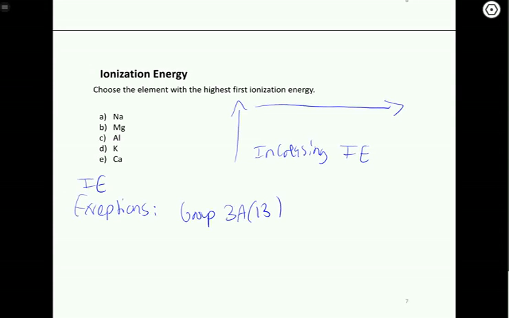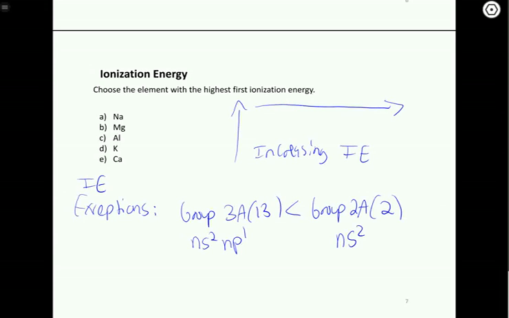Those are typically going to have smaller ionization energies than group 2A, which would also be considered group 2 of the numbering system. So group 3A is to the right of group 2A, but it has a smaller ionization energy because these are ns2 np1. Group 2A is ns2.